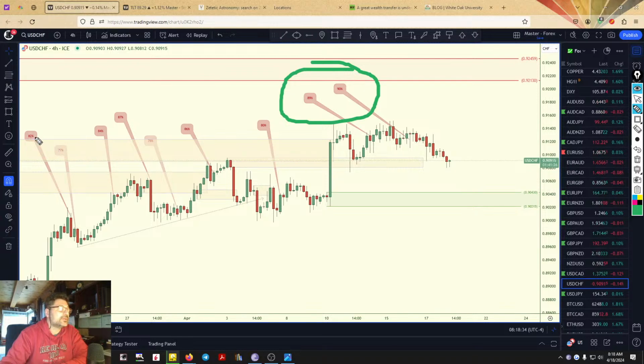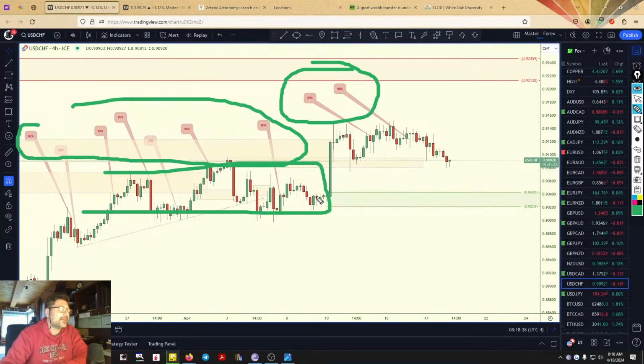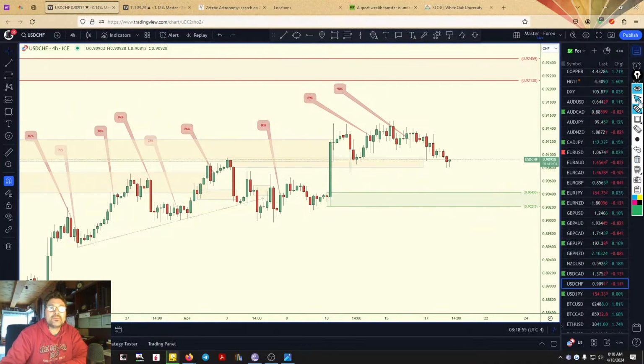They were increasing. They went from the 80s here. They pushed price up, and then they added to their shorts, getting them up into the 90s, which is what got them in trouble, because eventually they're going to bail out of those positions, and they're going to go long, and then the banks will drop price.